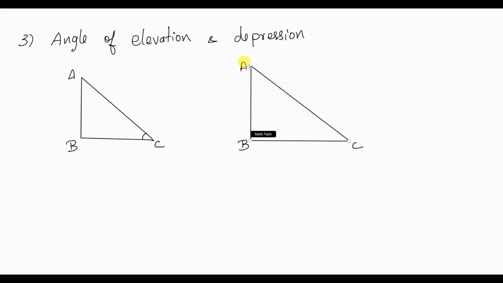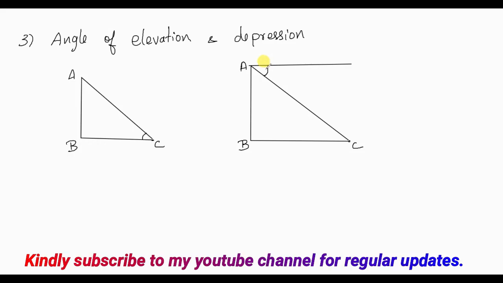Remember, always the angle of depression will be outside the right angle triangle. So the angle which you have outside the triangle, that angle A, will be equal to angle C, because the base and the side will be parallel to each other. So we know angle A and angle C will be equal. It is called alternate angles.